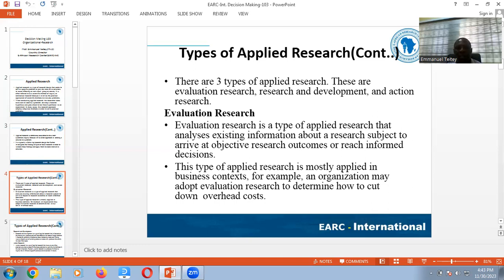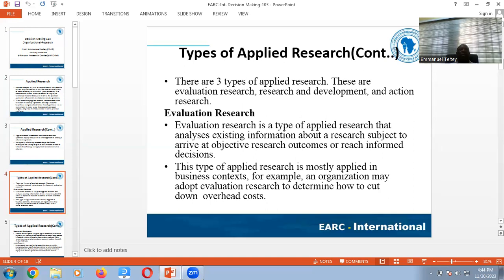So with evaluation research, you can use applied research in decision making or to inform decisions. This type of applied research is mostly applied in business context. For example, an organization may adopt evaluative research to determine how to cut down overhead costs.